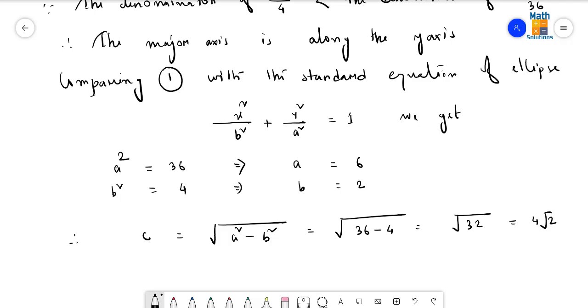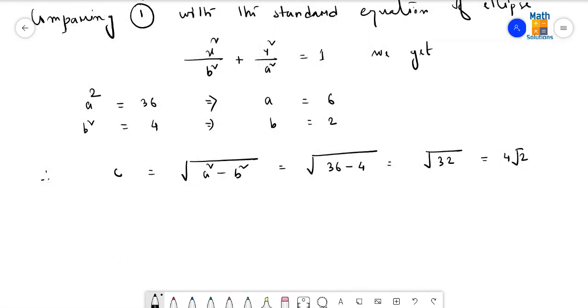So in this case, since the y-axis is the major axis, the foci will be lying on the y-axis. So the coordinates of foci are 0, plus minus c, that is 0, plus minus 4 root 2.